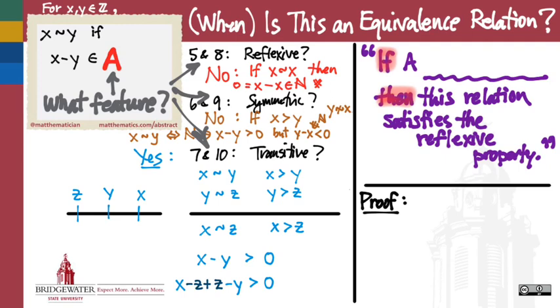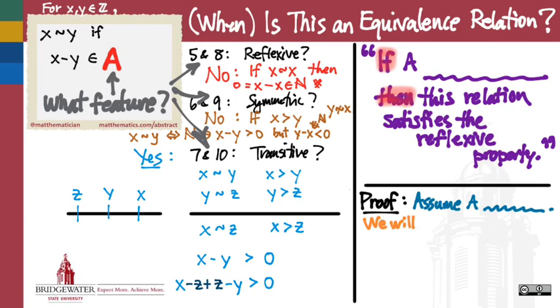So one strategy for proving a conditional statement is to take the hypothesis, the thing that comes between the if and the then, as an assumption. So this is strategy number one. Assume A has whatever property you decide it needs to have. If you make that assumption, what do you then need to show? What is your burden of proof?